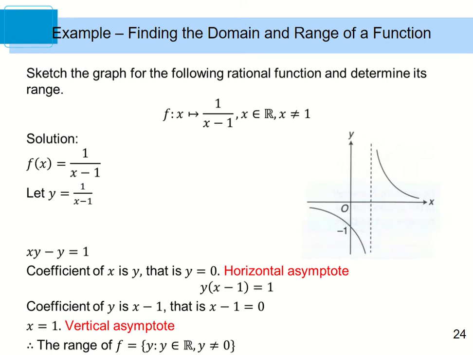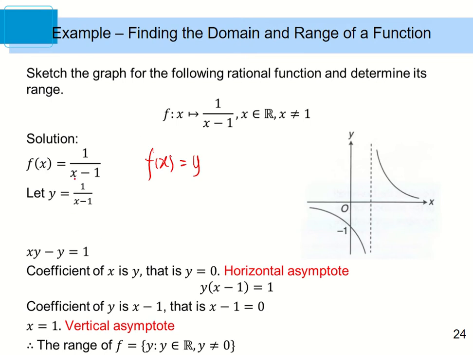Now, let's say we have this function. We know that f(x) is always equal to y. So we can write the function as the equation y equals 1 over x minus 1.